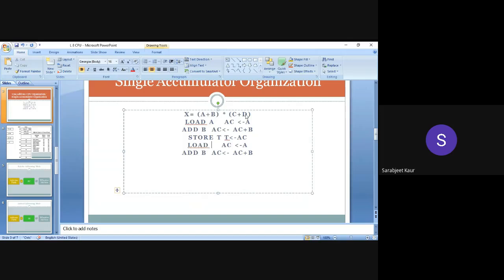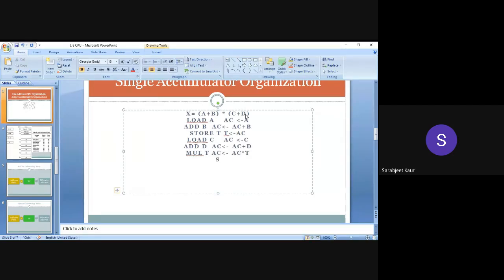So let me just do this here. I'll just simply say load C here. C gets transferred, and then I'll say add D here. D gets added into AC, and then what will I do? I will simply say multiply with T. Okay, so what happens is that AC gets the value of AC into T, right?